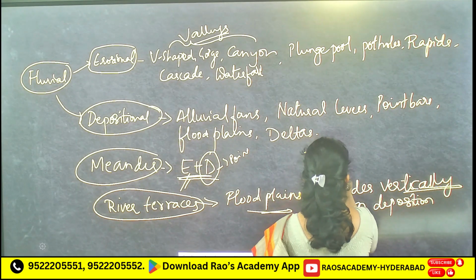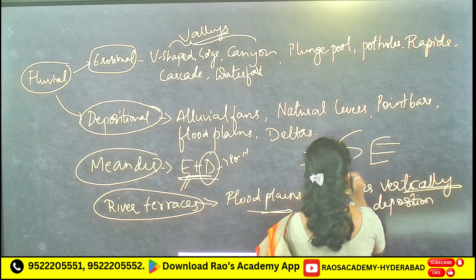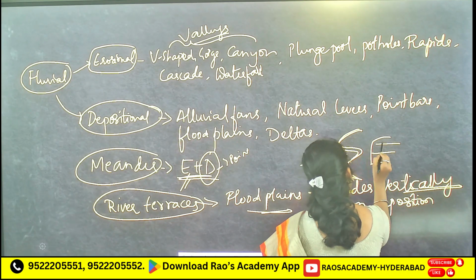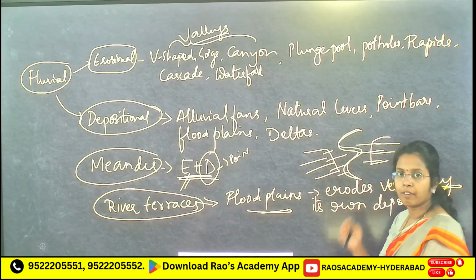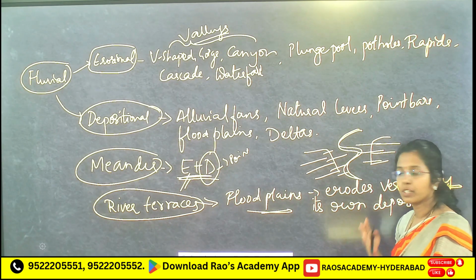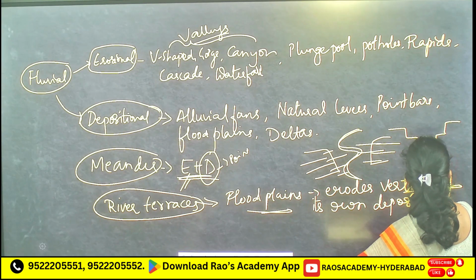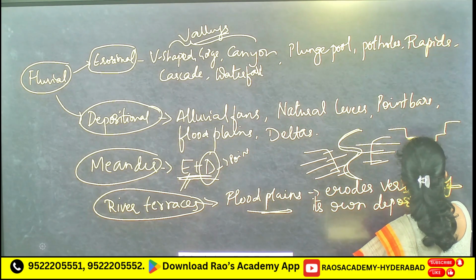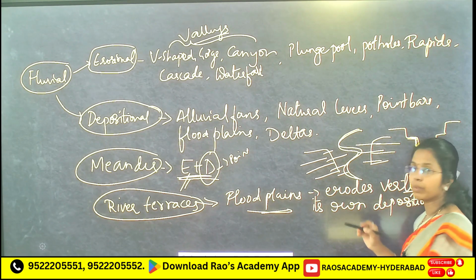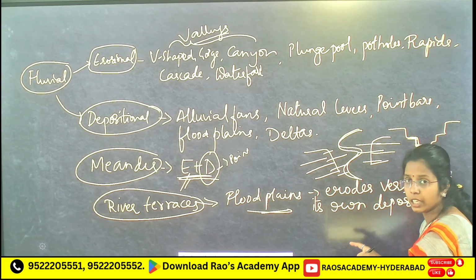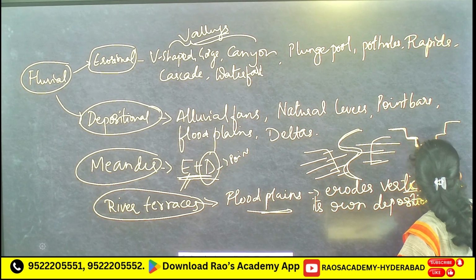Here the floodplain is there. Now this stream comes and erodes its own floodplain, vertical erosion, and because of this vertical erosion you will see step-like terraces. When a stream erodes its own deposition vertically, then you will see terrace formation.